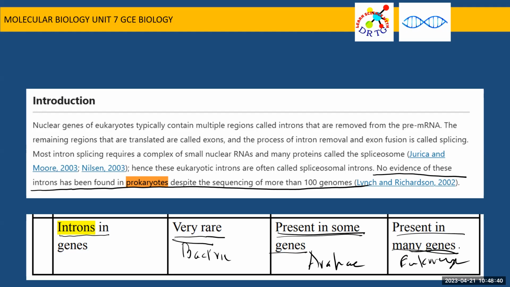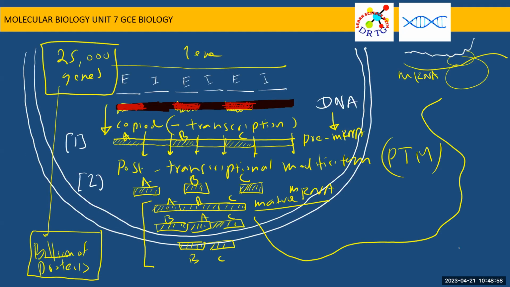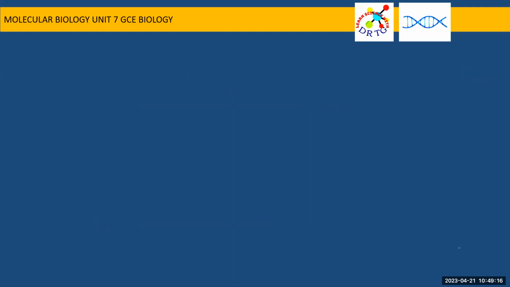For the sake of getting marks, we should adhere to this concept: very rare, present in some genes, present in many genes. Because in the table in unit 2, all the molecular level differences of prokaryotes, archaea, and eukarya are described. When it comes to the molecular level, DNA is an important molecule. They have a comparison of this, and here we should also highlight it again as very rare in prokaryotes.